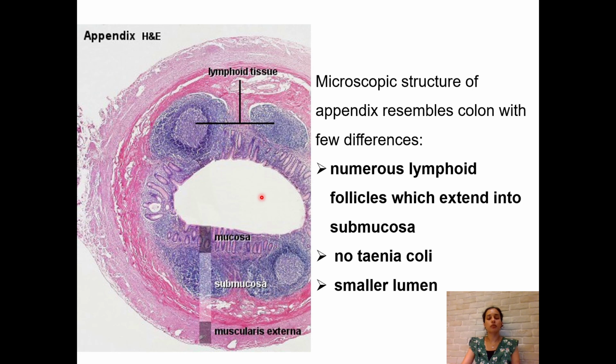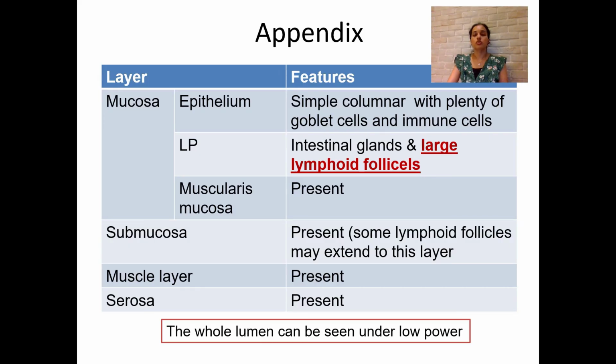When you see it under the microscope, the whole appendix can be seen. You can see the lumen as well. That helps you to identify the appendix, with lots of lymphoid follicles. Simple columnar epithelium with plenty of goblet cells and immune cells, intestinal glands and large lymphoid follicles.